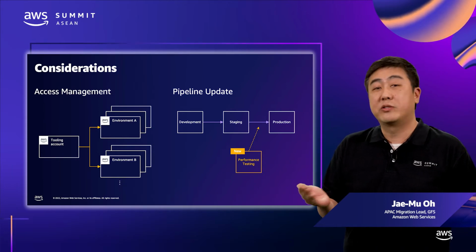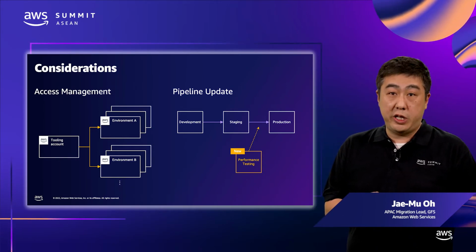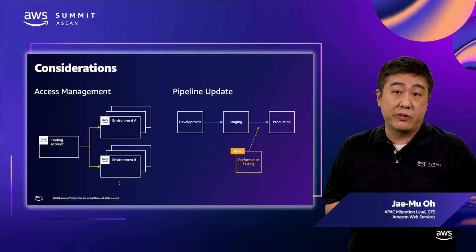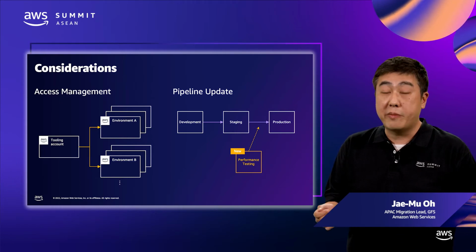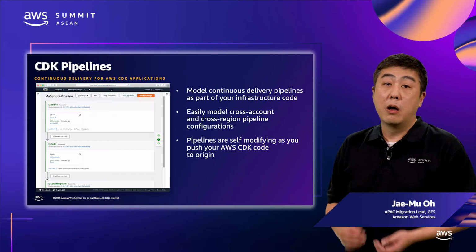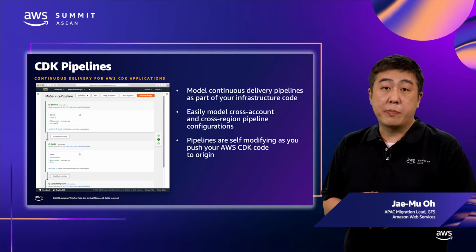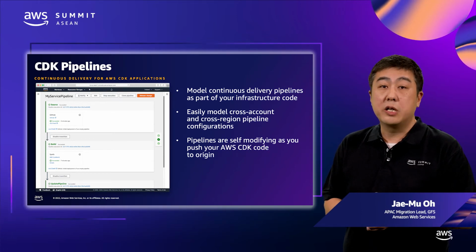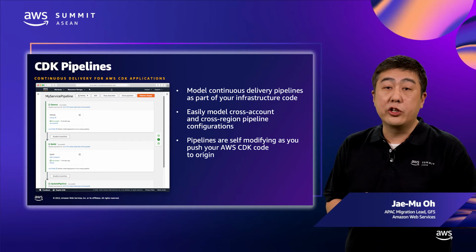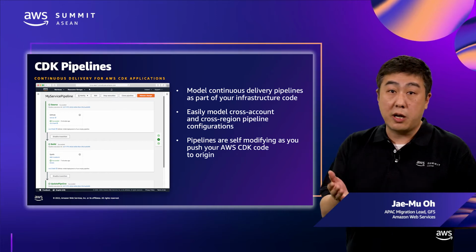There are several different ways of doing this. And using CDK pipelines for continuous delivery of your CDK application is definitely one of them. Okay then, what is CDK pipelines? CDK pipelines is a construct library module for continuous delivery of AWS CDK applications.